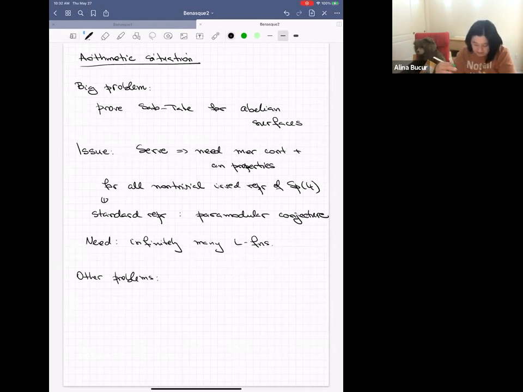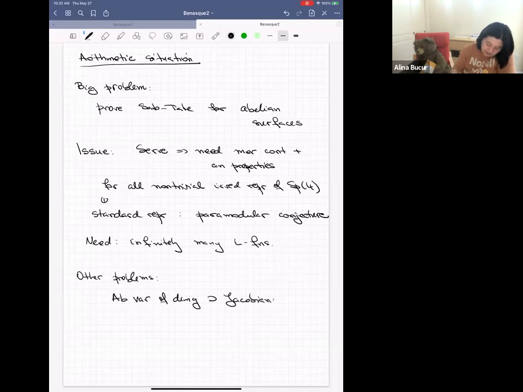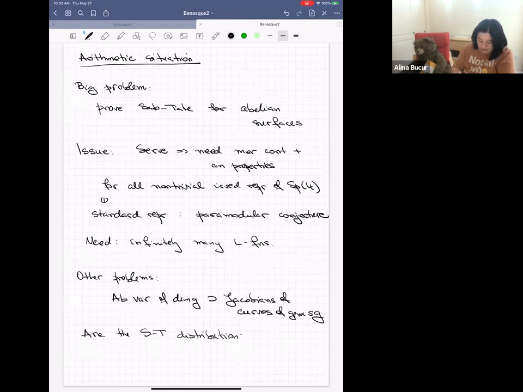So you have abelian varieties of, say, dimension g, and in here you have Jacobians of curves of genus g. The question that I'm super curious to know the answer to is, are the Sato-Tate distributions the same, or do they differ?